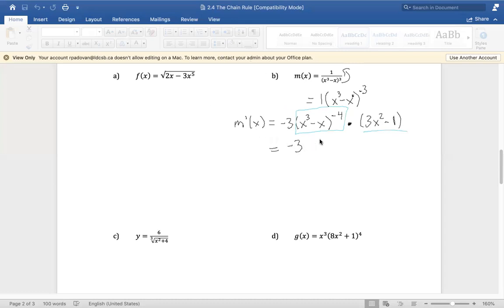So I would have -3 still multiplied by the second bracket, 3x squared minus 1, divided by, and just be careful that you don't miss any steps, moving this down to the bottom, x cubed minus x, now to the power of +4, so that everything is positive. That would be as far as I can go, right?